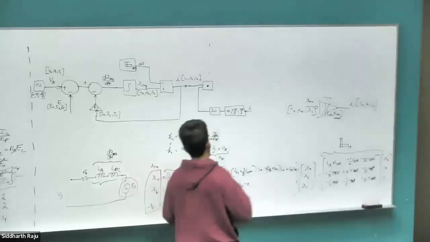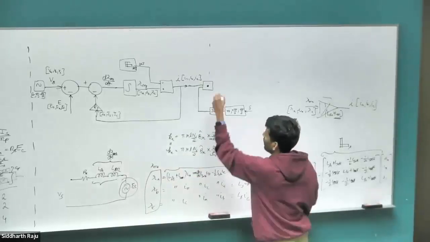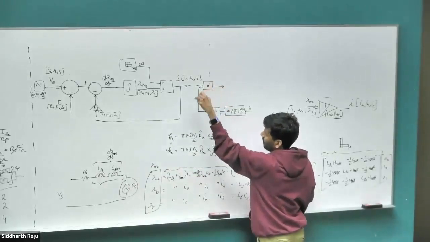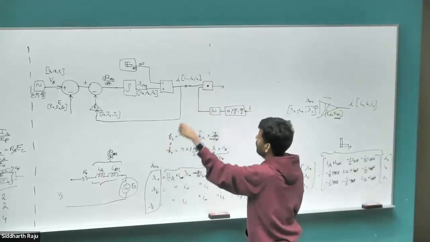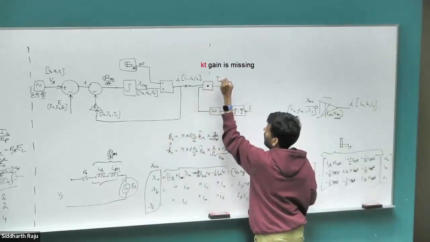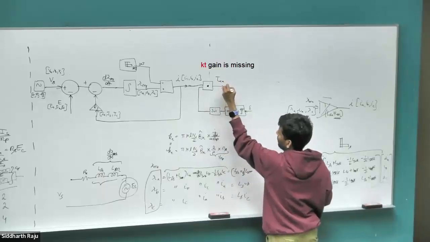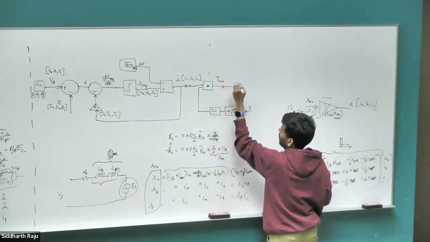Okay, let's go back to our equation here. So we have these terms, and if you sum up the three torques of each of the phases, you get the total electromagnetic torque tau EM. And once you have the electromagnetic torque, you already have everything we need.